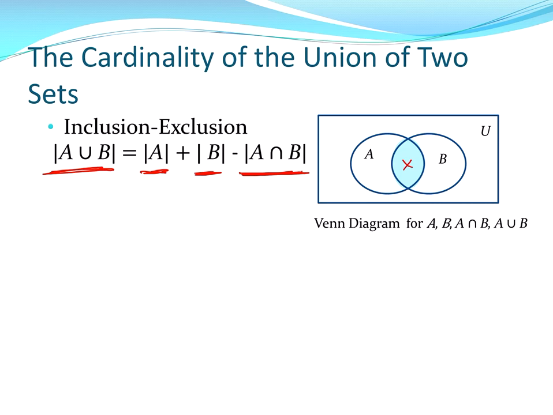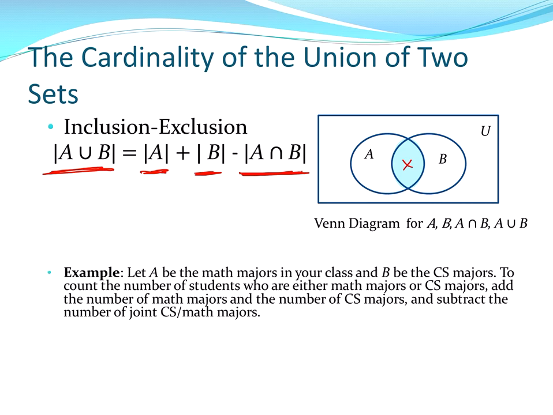If we wanted to count up the elements in A and B and X was in this intersection, we have to be careful not to double count that X. So if A is a set of math majors and B is a set of computer science majors, we add up the number of math majors to count up all my students, add the number of computer science majors, but we subtract the number of double majors. Otherwise, we will have double counted.